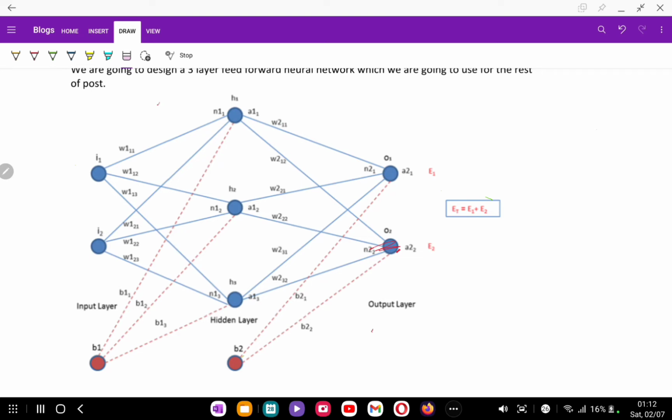Now what's the equation for calculating values like n? It's straightforward.